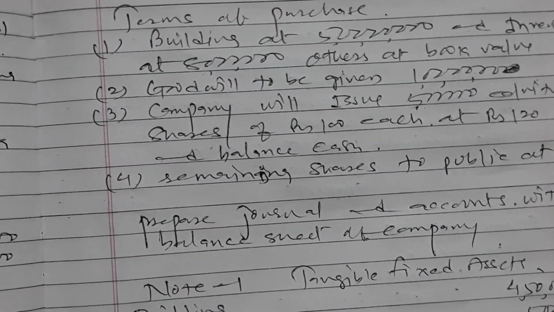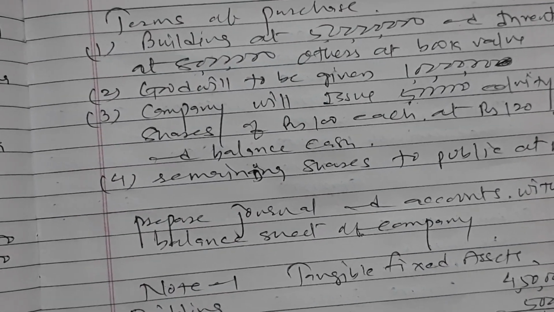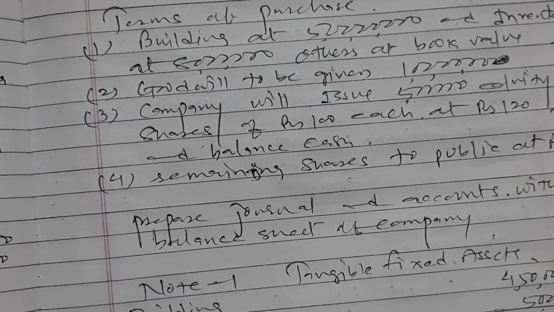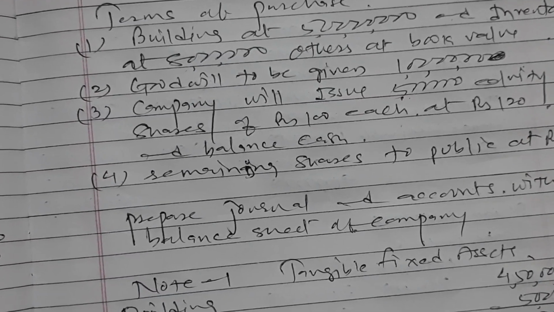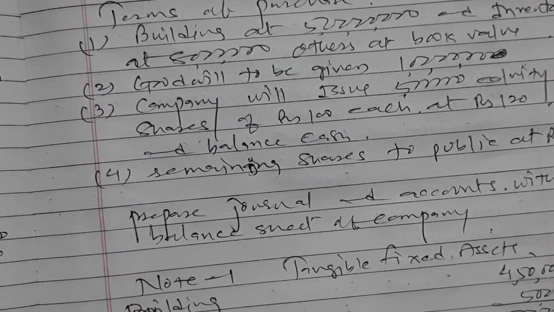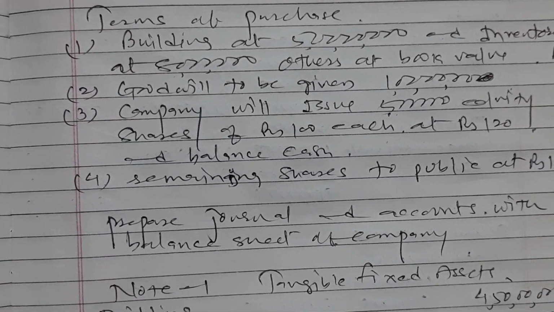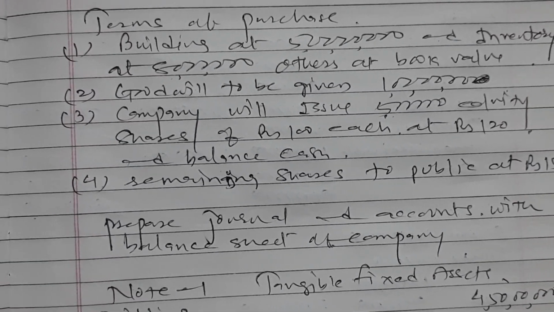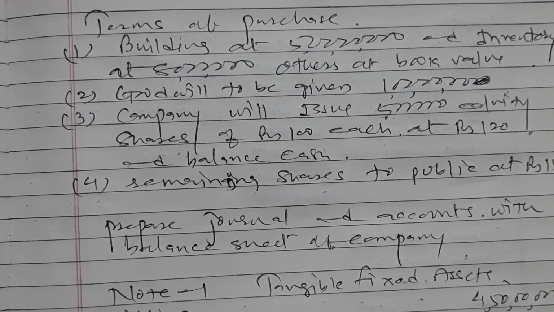The terms of purchase are building is to be valued at 5 crore and inventory at 80 lakh, others at book value, goodwill is to be given as 1 crore.